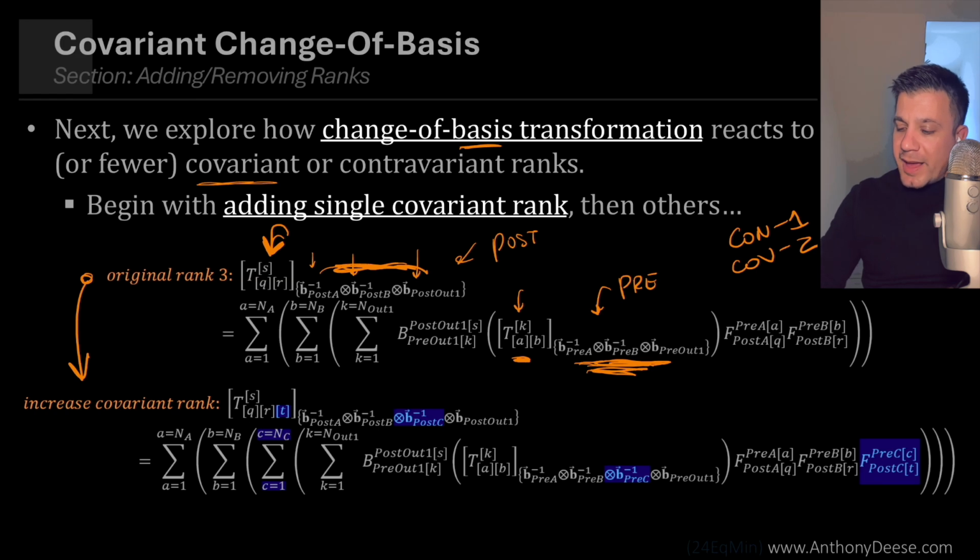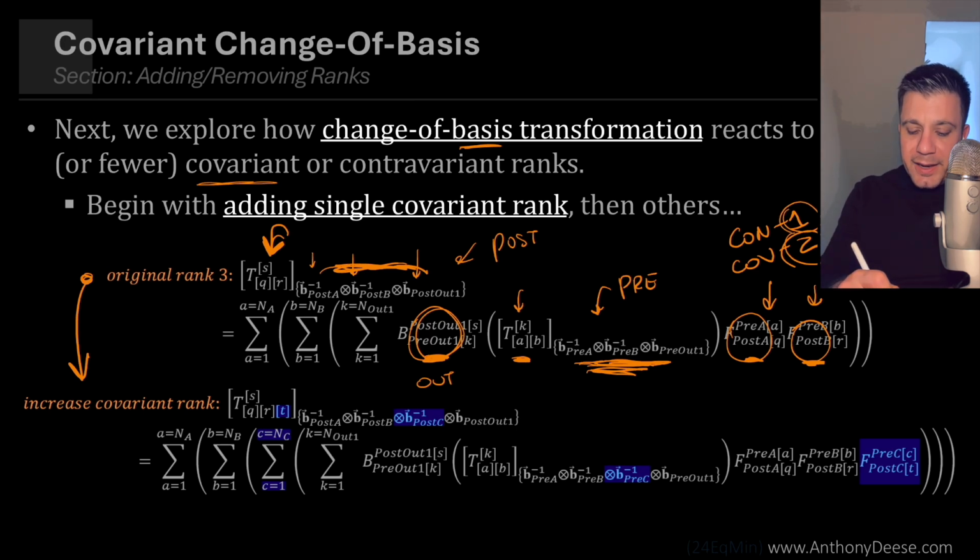And as such, we have two forward transform matrices associated with the inputs and one reverse transform matrix associated with the output. This is a clear relationship. 1, 2 corresponds to two inputs, covariant rank of 2. 1 corresponds to contravariant rank of 1 or 1 output.